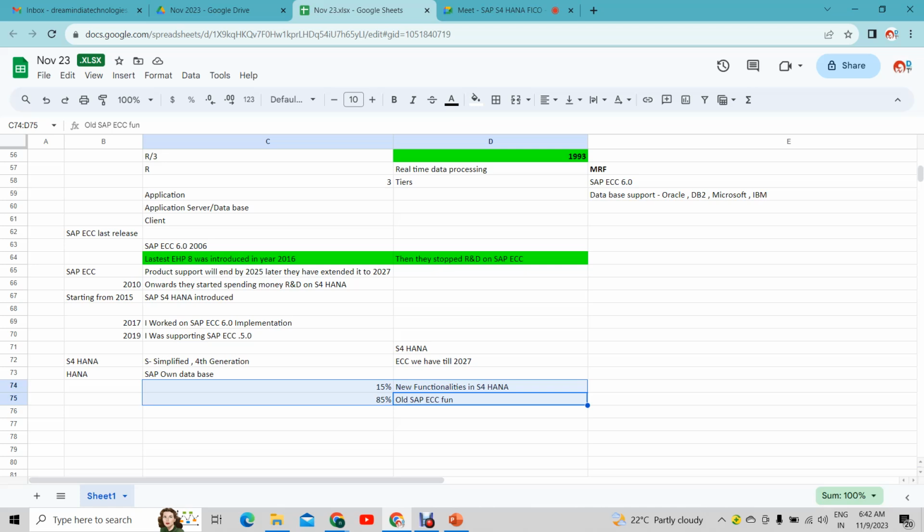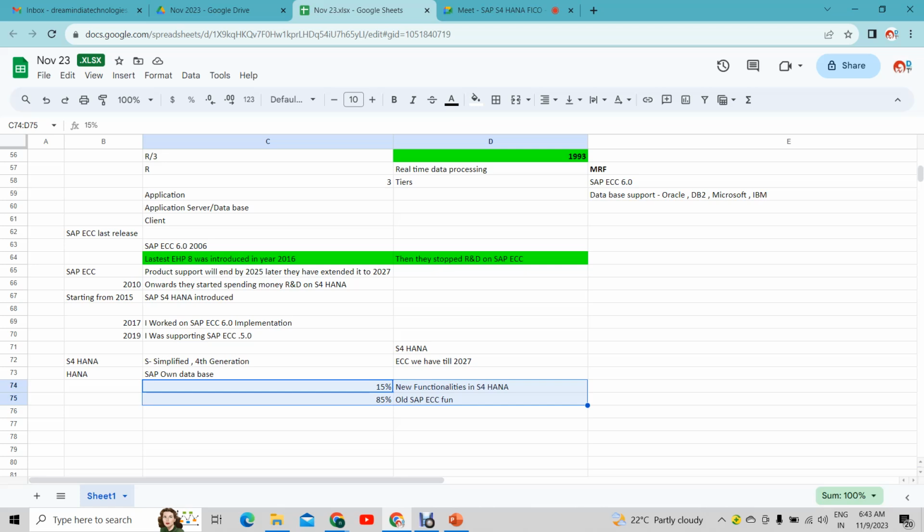Few activities will be done a little differently. Maybe you say ECC was a boring system, but that is the main system. The screen, how it appears, the navigation path, everything looks the same. There is no difference. I'll show you maybe in 2 days, after 2 or 3 days when we get into the system.